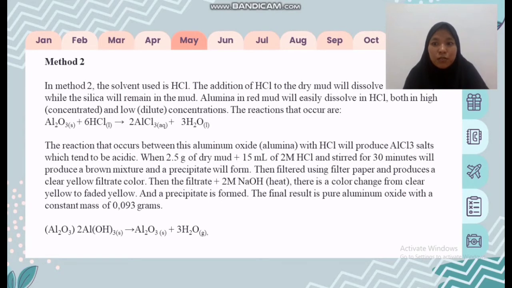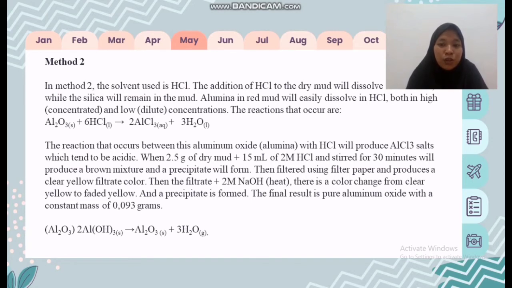Method 2. In method 2, the solvent used is HCl. The addition of HCl to the dry mud will dissolve the alumina, while the silica will remain in the mud. Alumina in red mud will easily dissolve in HCl, both in high concentration and low concentration. The reaction that occurs is between aluminum oxide and HCl, producing AlCl3 salts which tend to be acidic.